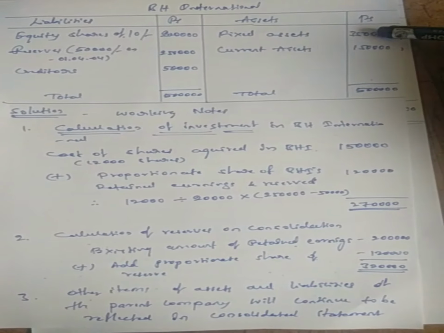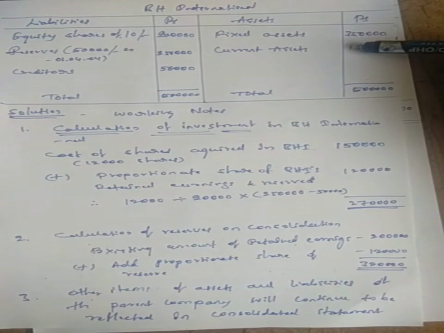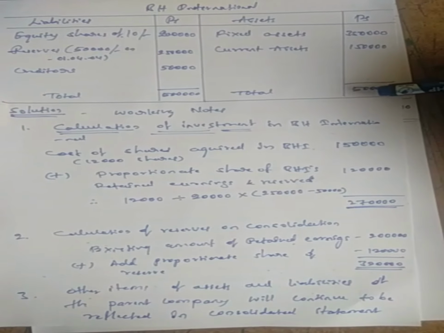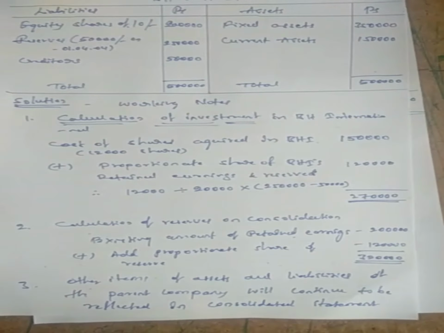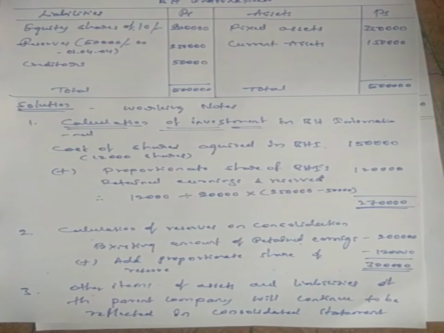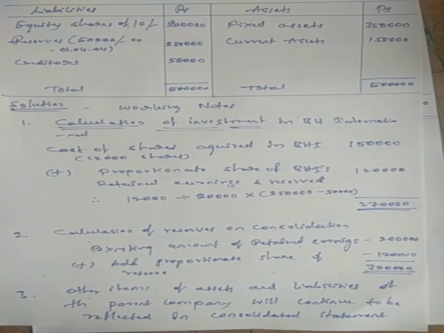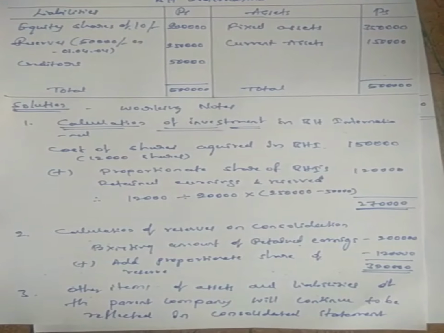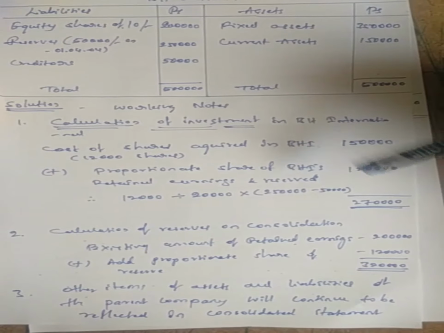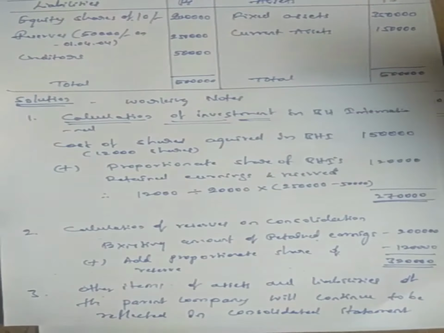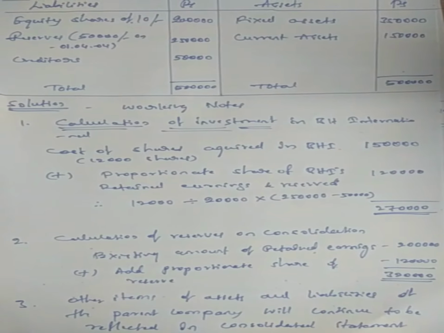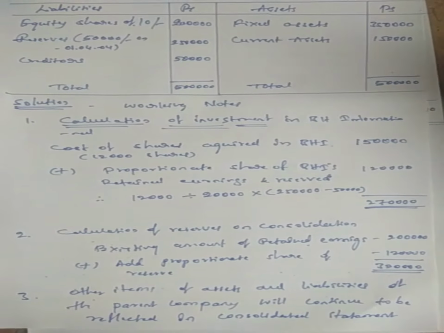Fixed assets 3 lakh 50,000, current assets 1 lakh 50,000, total on both sides 5 lakh. So before preparing the actual consolidated financial statement, we need to calculate some aspects. First, under working note, calculation of investment in BH International Limited.